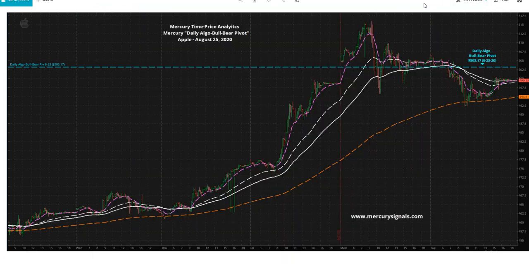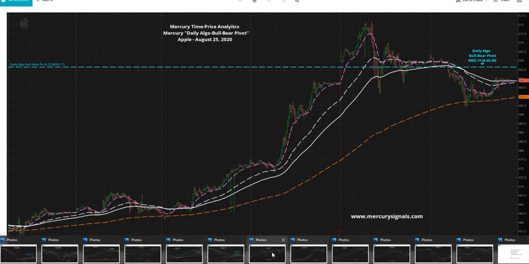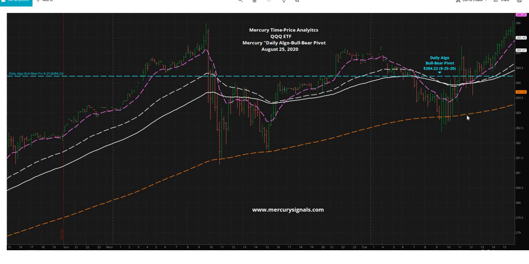So enough about that. All right, let me make sure we didn't miss a chart. So here's QQQ. Bull bear pivot. Now, let me mention this. See this angle here? This angle does not exist in nature. This is what I call the bull you-know-what angle.